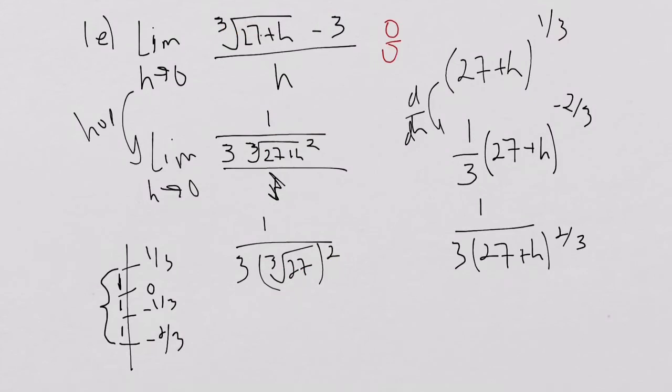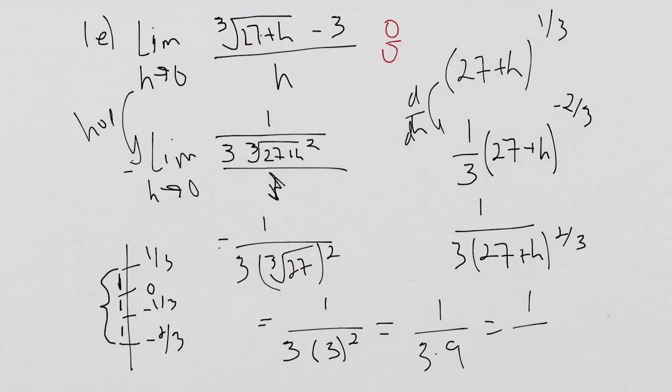So I get 1 over 3, that's the 3 that's already there, and then the cube root of 27 is 3, which needs to be squared, which gives me 1 over 3 times 9, which is 1 over 27. And that's it.